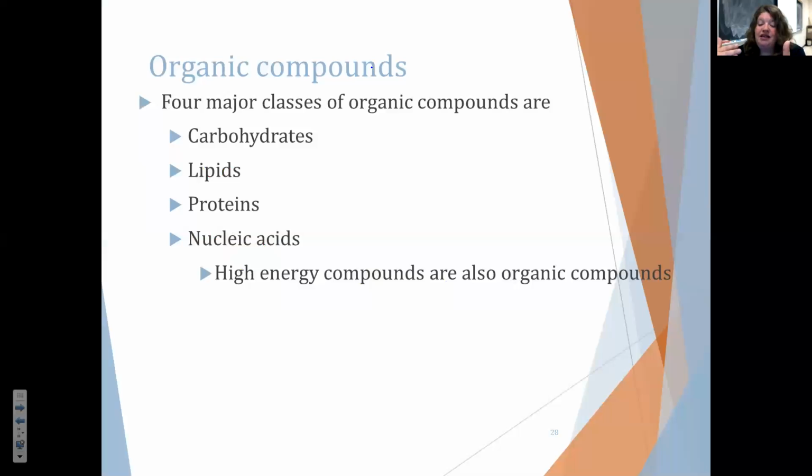Now, when we define life, a lot of textbooks include in their list of characteristics of life things that are comprised of and make or synthesize these organic compounds. So these are going to be really, really key to the rest of the semester and our discussions in a number of the systems.